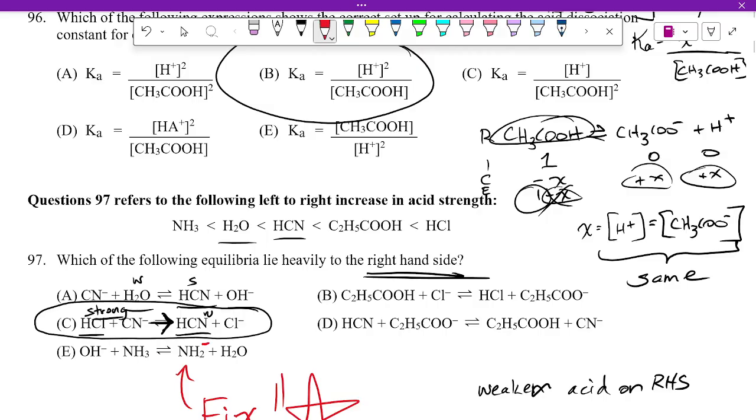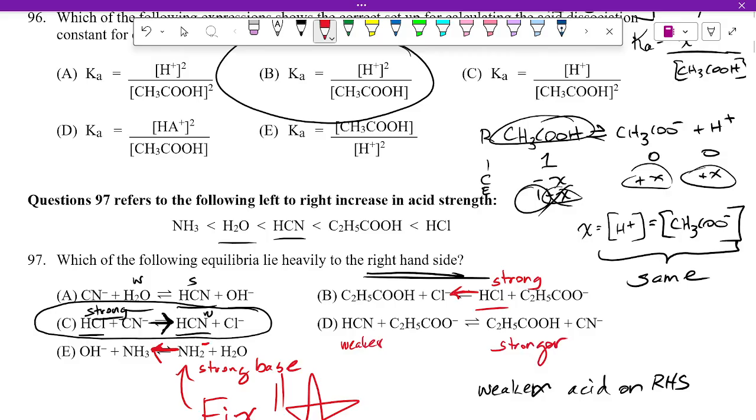Okay, but this one is a one-way arrow this way because NH2 is a strong base. HCl is a strong acid, so it lies completely in the reactants. There's no products. And just to confirm, this one is weaker and this one is stronger. So again, that's in the reactants.